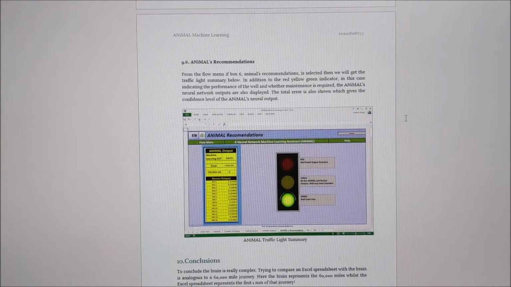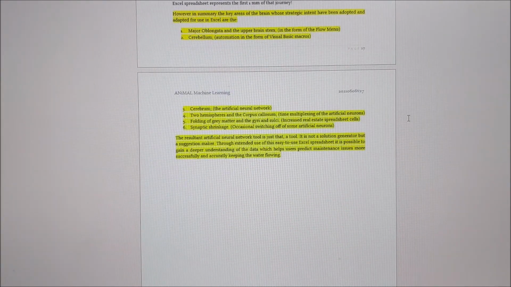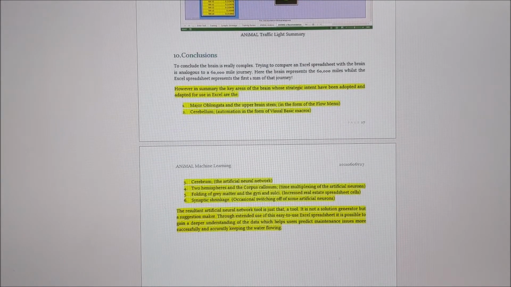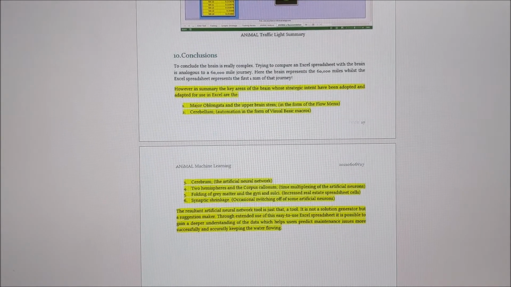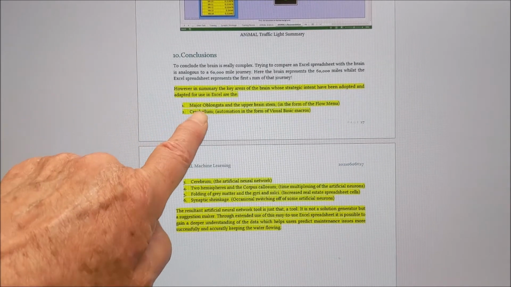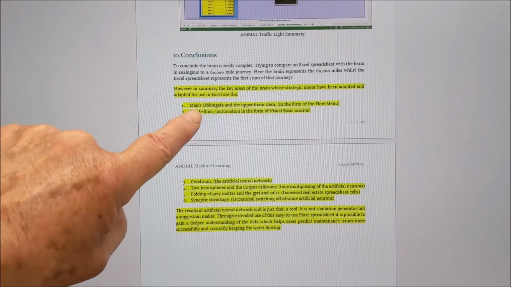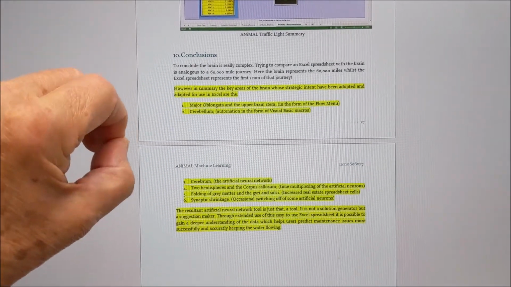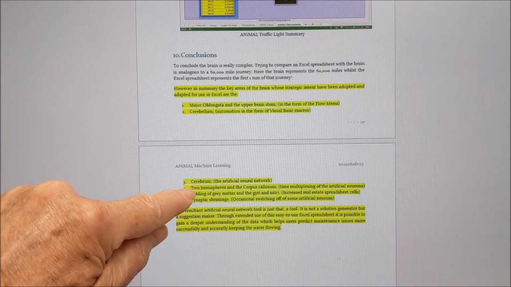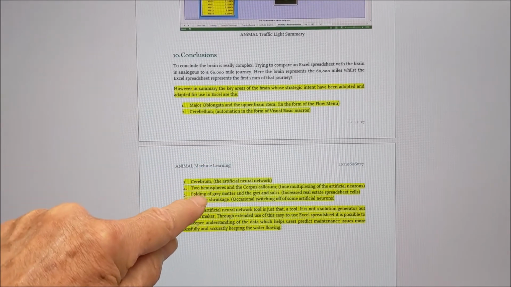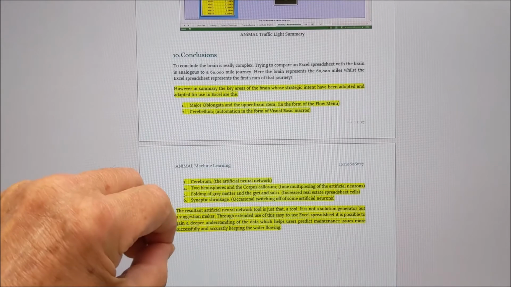Okay, so that really summarizes the effects of looking at the brain. We found the medulla oblongata, the upper brainstem, in the form of the flow menu, cerebellum in the form of Visual Basic macros, cerebrum, artificial neural network, of course. Oh yes, we talked about the two hemispheres, the corpus callosum.